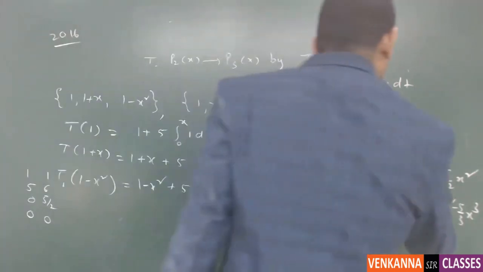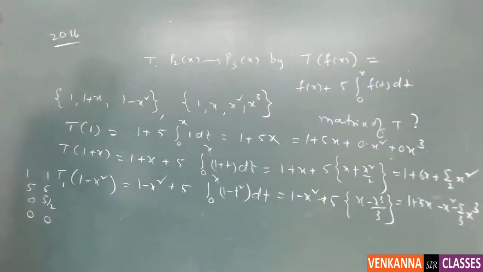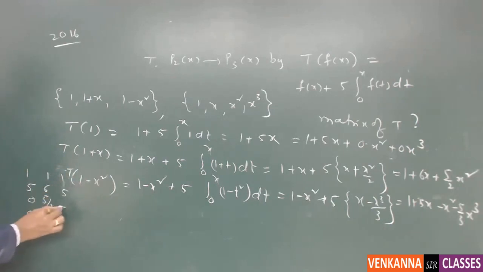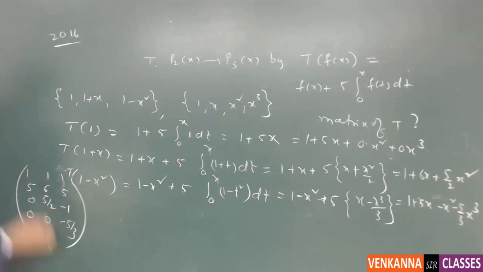This was x. So this was the matrix of T. Accepted? That's it.